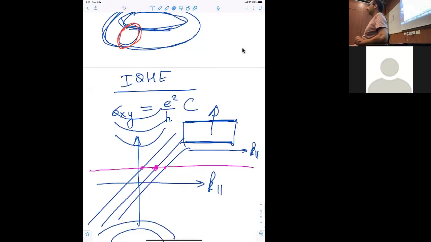So if we take a material like a Weyl semimetal, first of all, it will be a three-dimensional material. But if we take a Weyl semimetal and integrate over the entire Brillouin zone, then what we would get would be a very trivial Chern number.